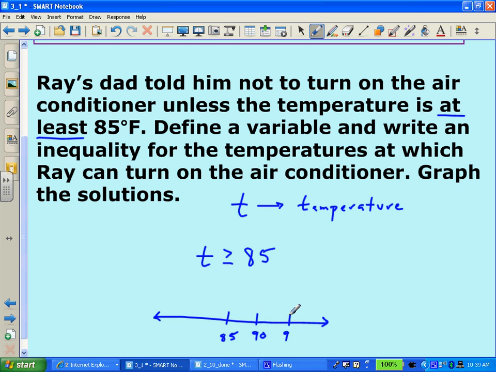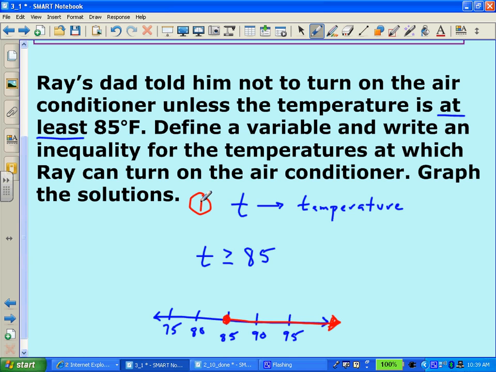I'm going to count by 5s here just because it's a little bit broader range. I wouldn't have to though. So then I ask open or closed circle. Well, it's greater than or equal to, so it has to be closed. And then it's greater than, so that goes to the right.